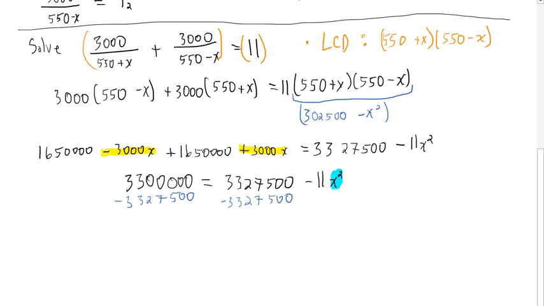Going through that subtraction, I get negative 27,500 on the left. And on the right, I now have negative 11x squared. Let's divide through by negative 11, and I find that x squared is 2,500.